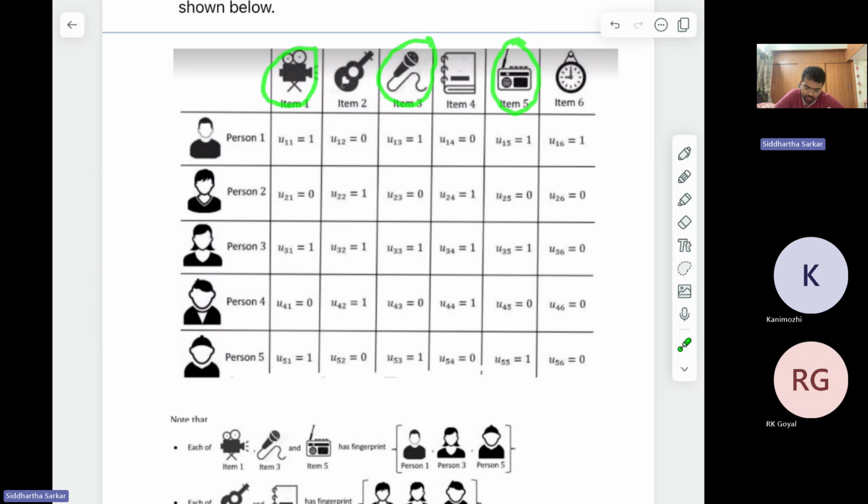These three items can be grouped together on the basis that person 1, person 3, and person 5 value these three items positively.